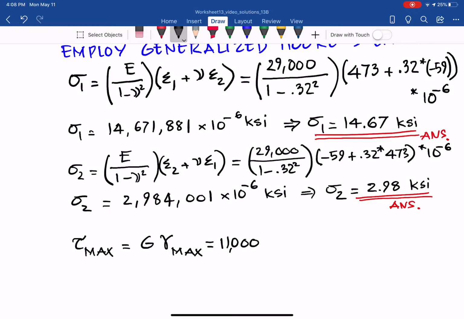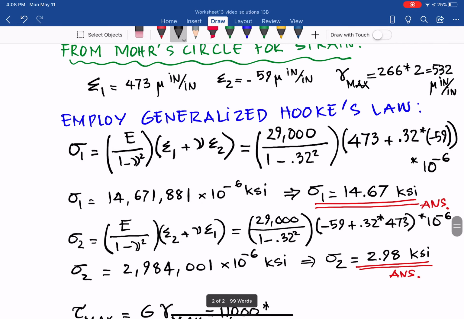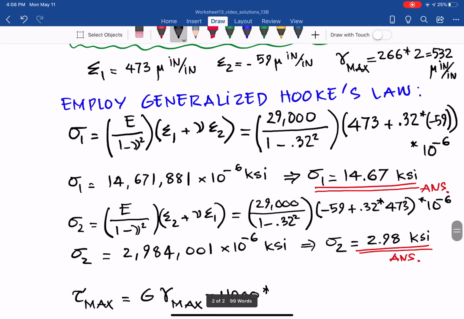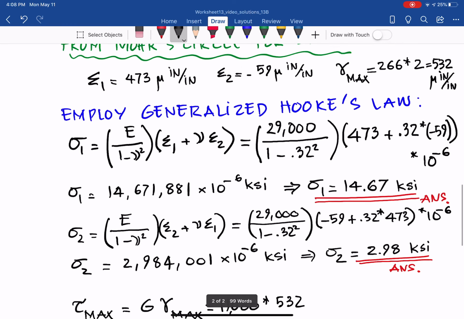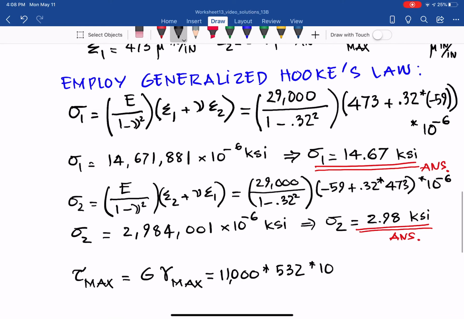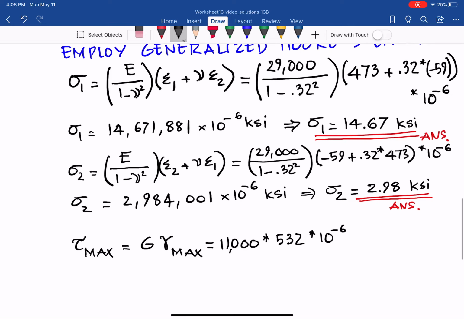11,000 KSI times gamma max, 532 micro, which is times 10 to the negative 6. So what do you get here? 11,000 times 532, you will get 5,852,000.